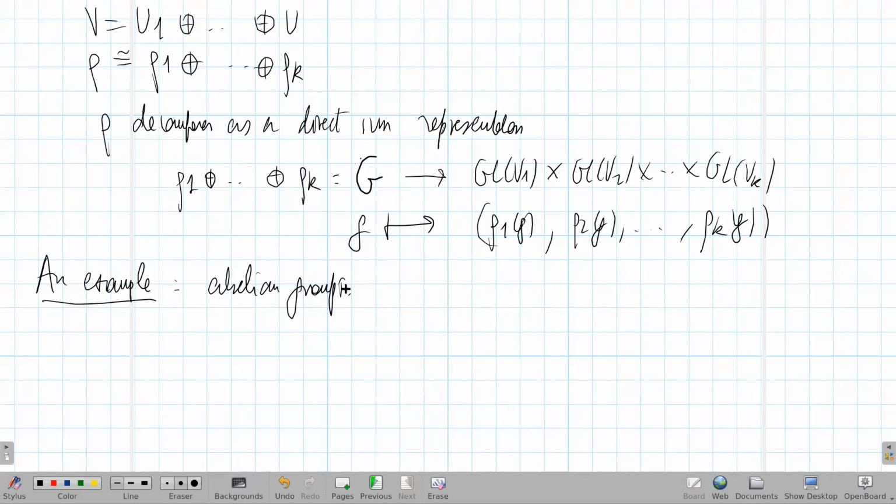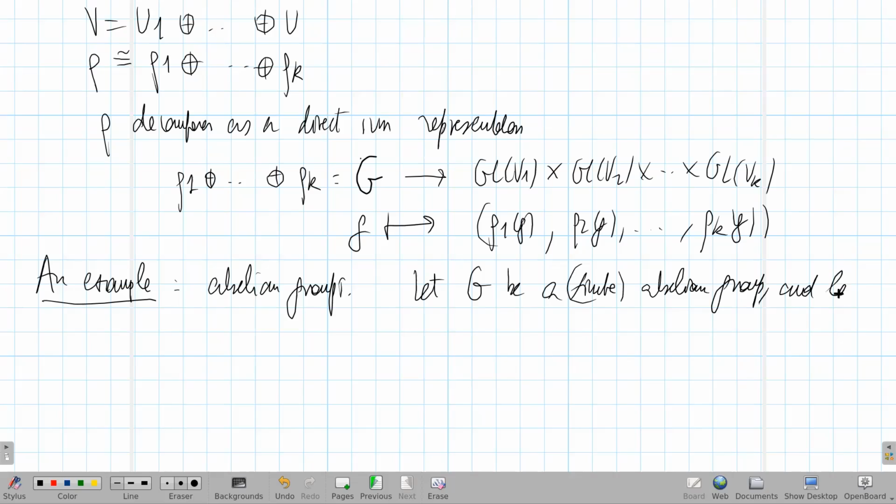But we'll get there in a second. So let G be a finite, remember it's always finite, abelian group, and let rho from G to GL(V) be a representation.